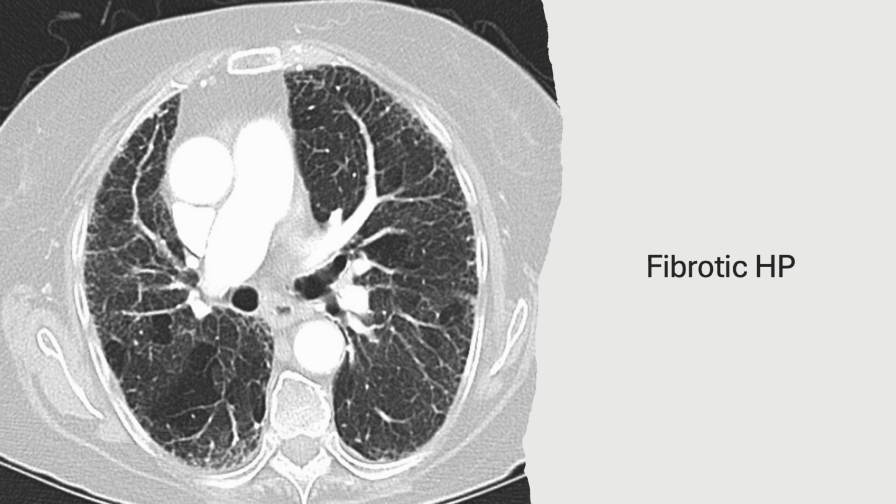But ideally, for inflammatory HP, the treatment is always steroids. But if you do see fibrotic changes, then you can start thinking about antifibrotics if there is a progression on the PFT or patient symptoms and also in the CT, alongside introduction of MMF.